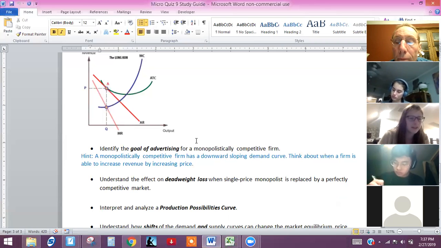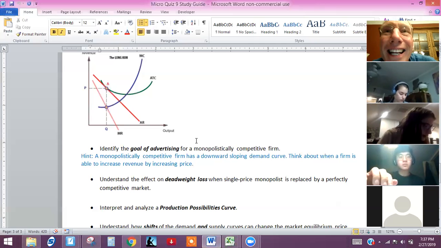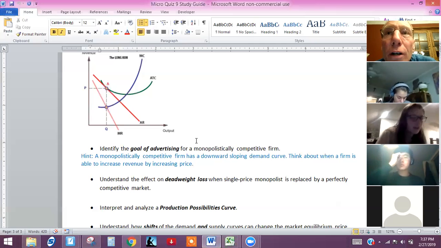But if it's inelastic, wouldn't consumers then demand less? Say again? Because you just said that if price elasticity is inelastic, then you can increase your price. But wouldn't consumers demand less if it's inelastic? They would, but they wouldn't demand as much less, because inelastic means they're not as responsive to a change in the price.